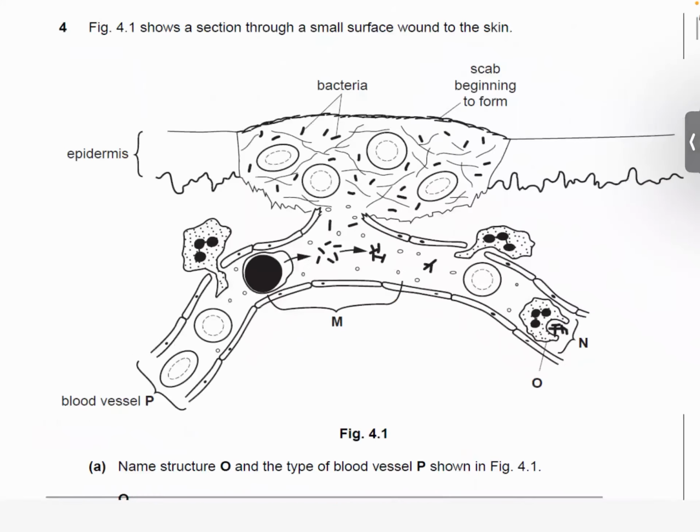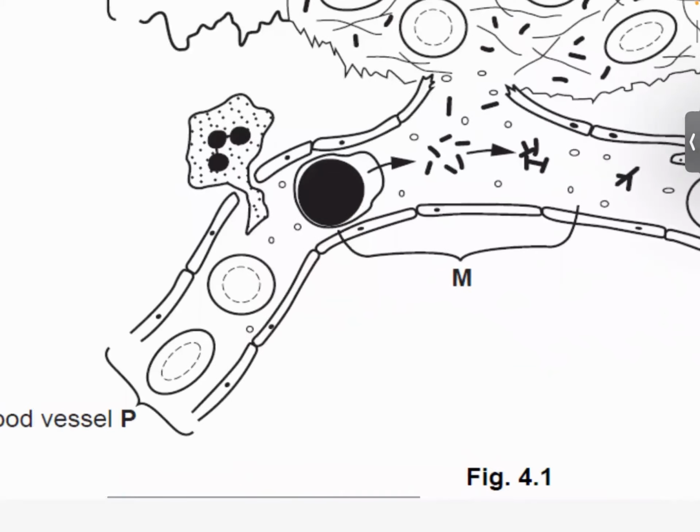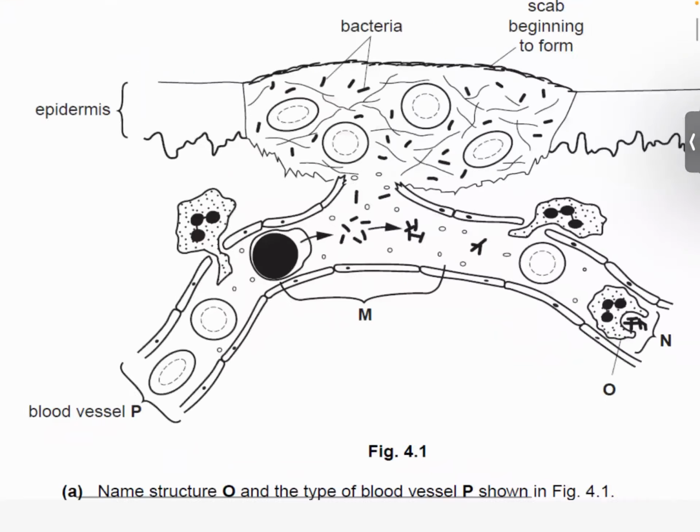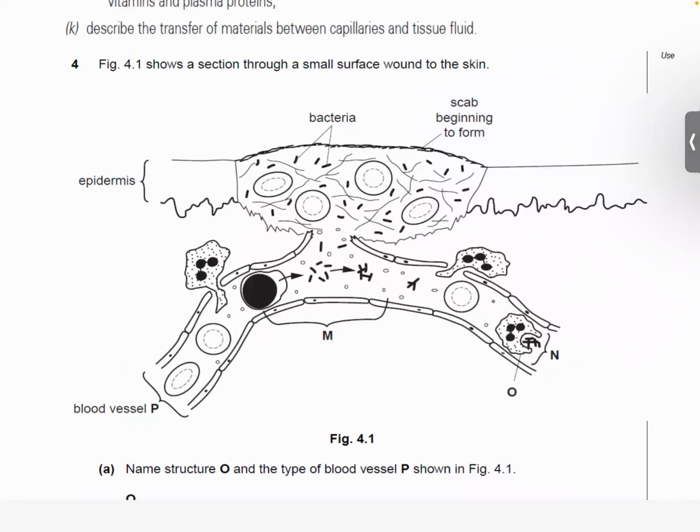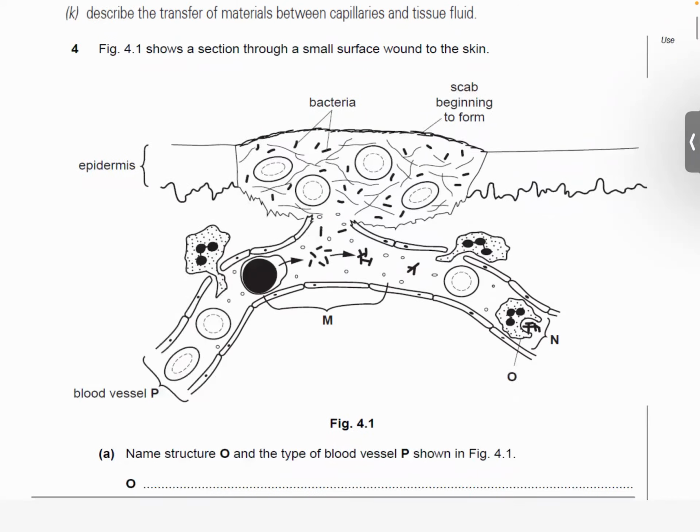So if you see a blood vessel where cells are going in a single line and not clustering together, then this means that this blood vessel is a capillary, because the capillary diameter is wide enough to just allow the cells to move in a single file. I hope that makes sense. Yes, Miss.